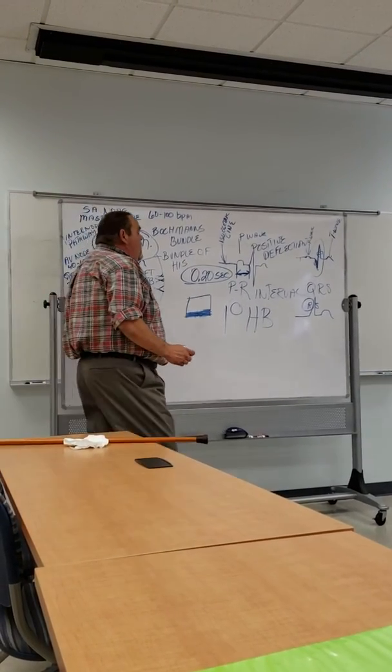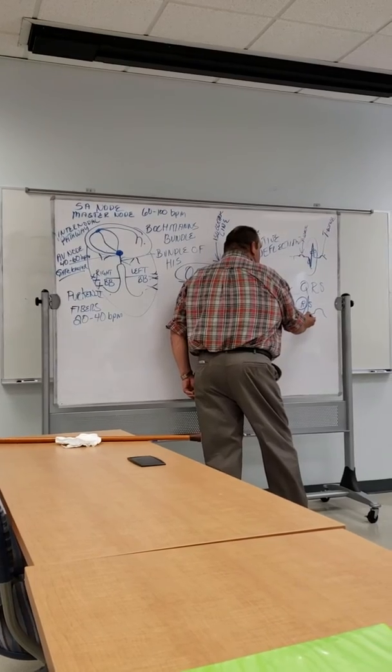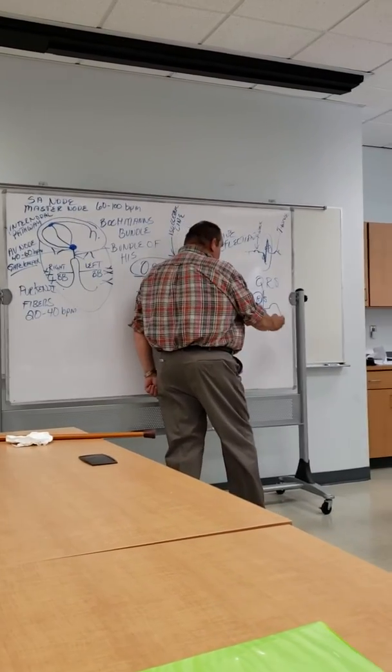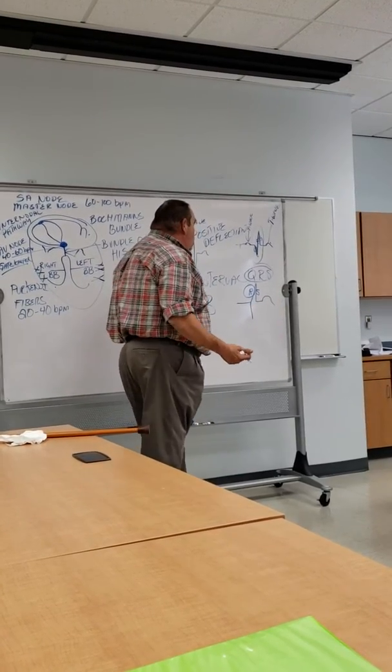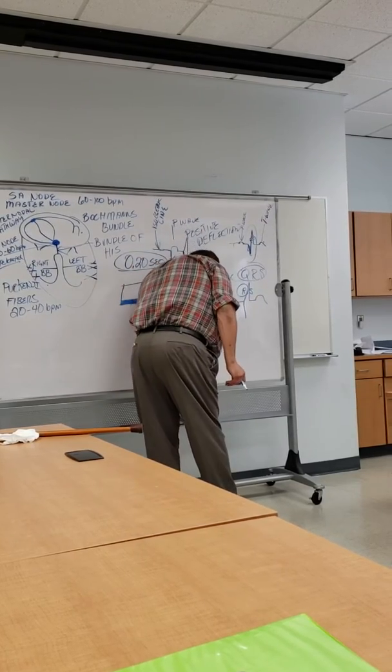Okay, now, when you measure from the beginning of your QRS, remember I'm going to call this a QRS because that's what it is, even though it doesn't have a Q wave, which is a good thing.